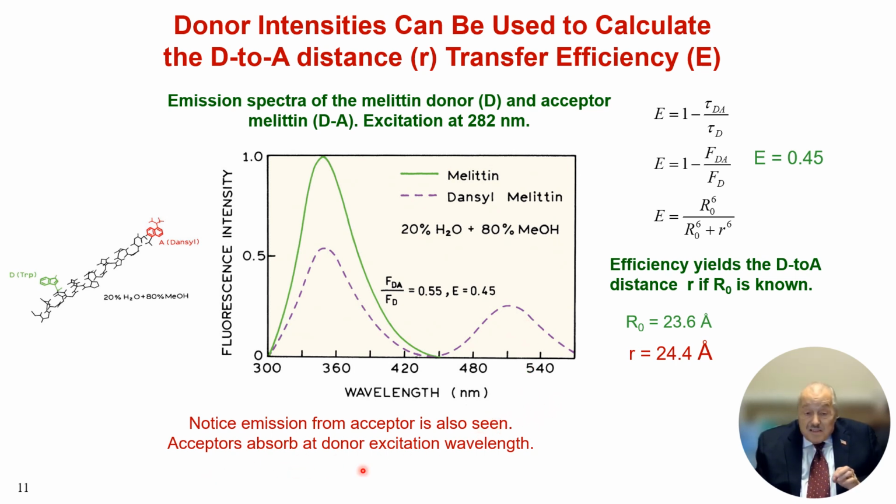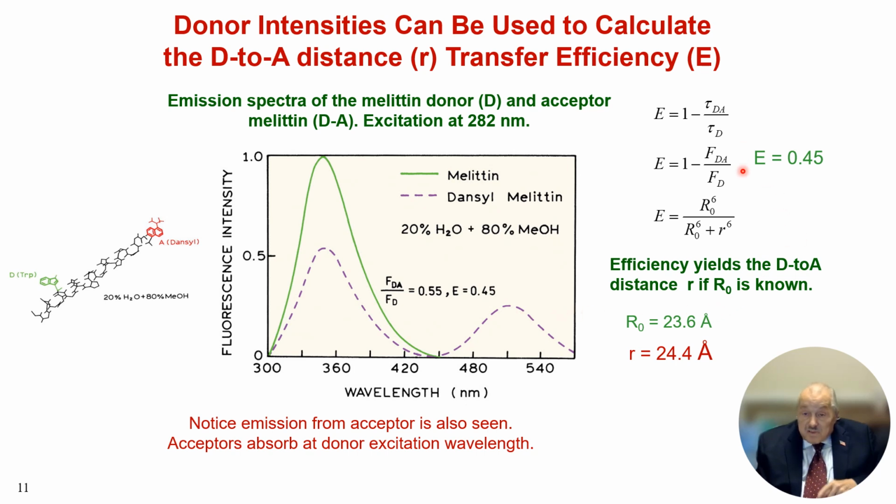Now notice that you always see some emission from the acceptor, just as I showed in the previous slide. The acceptor is always going to absorb where you're exciting the donor. So this acceptor emission actually comes from two places. It comes from direct excitation of the acceptor and from energy transfer from the donor.